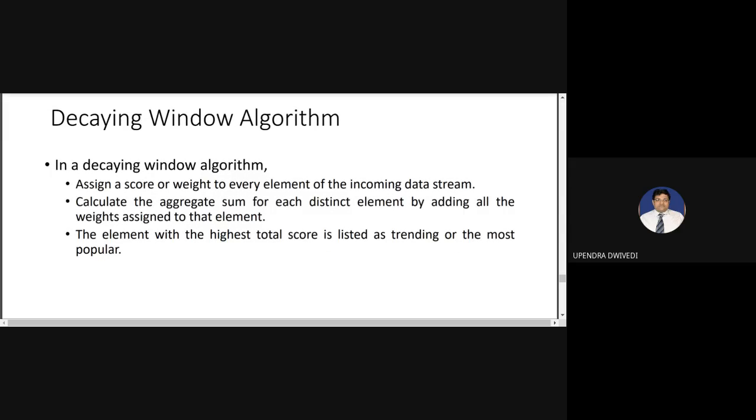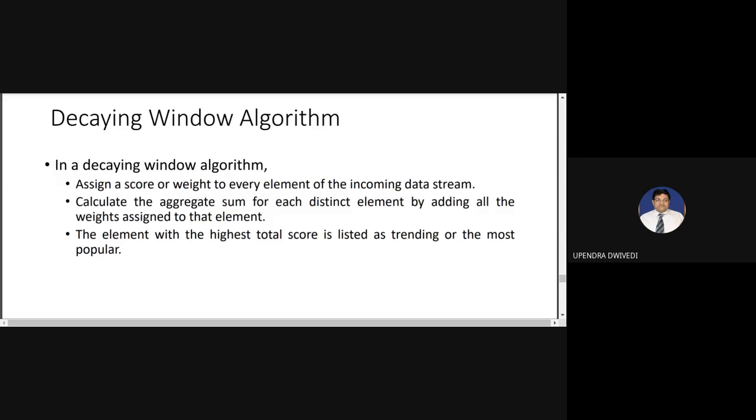In a decaying window algorithm, we assign a score or weight to every element of the incoming data stream. As soon as we receive an element from the data stream, we assign a score or weight to it. In the next step, we calculate the aggregated sum for each distinct element by adding all the weights assigned to that element.